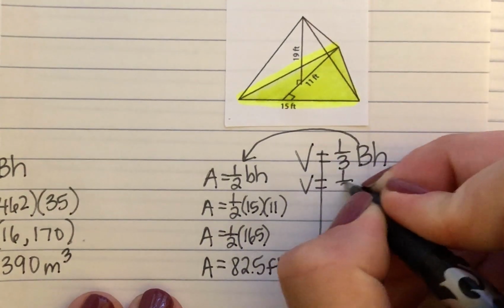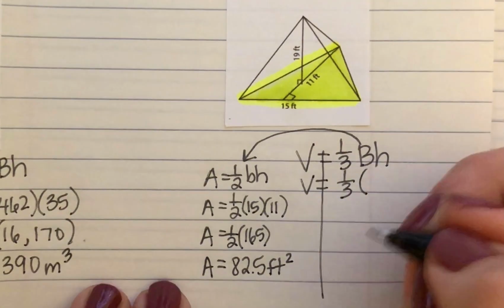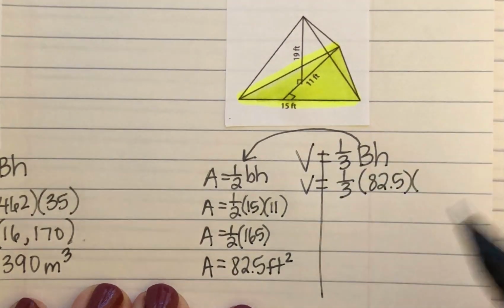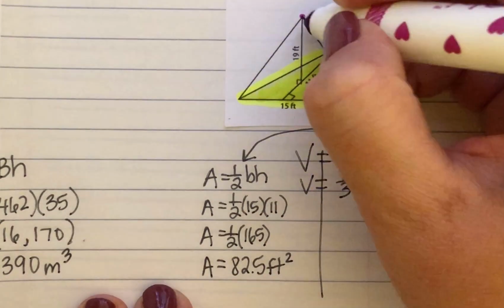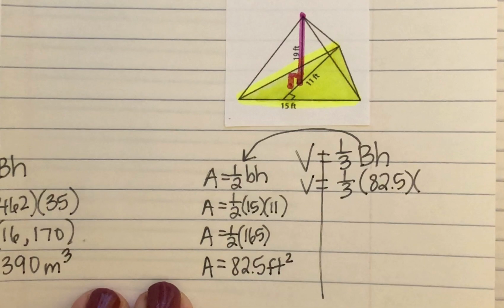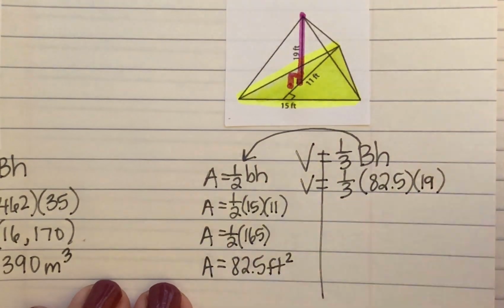Let's go ahead and plug in what we know. 1/3, again, don't forget your fraction. Capital B was 82.5. And the height, again, let's go back with our marker. Our common vertex is right here. All the way down, it meets the base at a right angle. So 19 is gonna be the height of our pyramid.